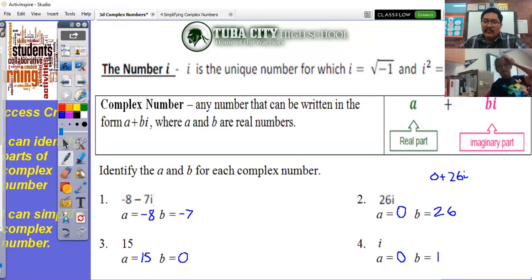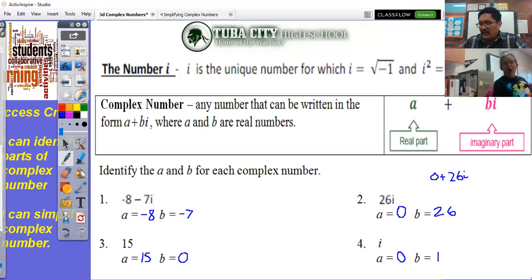All right, so it's going to be 1, because if you don't see a number in front of the variable, that we call the coefficient, if there is no coefficient, then it's 1. Because if it was 0, then there wouldn't be anything there. If you ever have a coefficient of 0, that means it's just going to fall off, because 0 times anything is going to be 0. You're not going to have any other numbers.